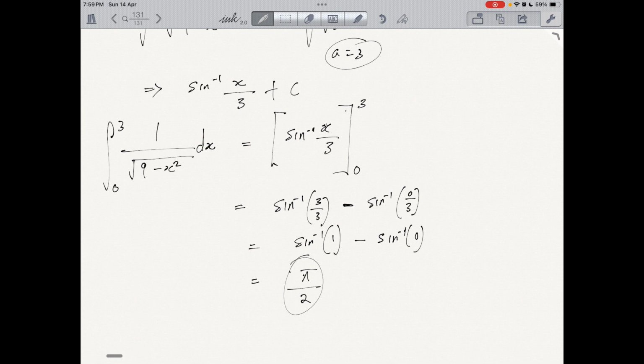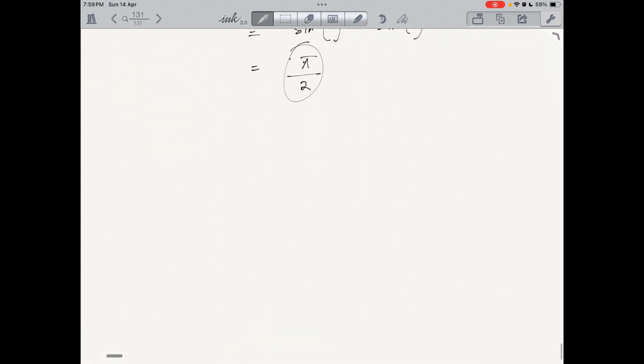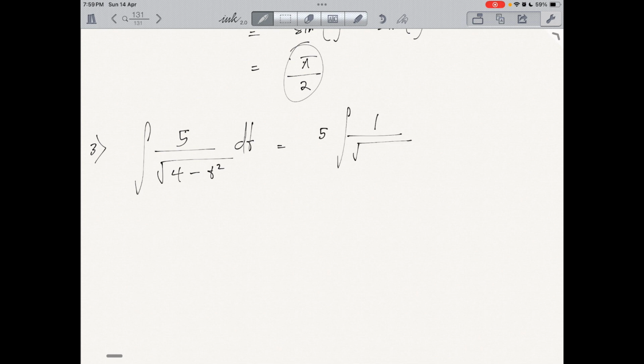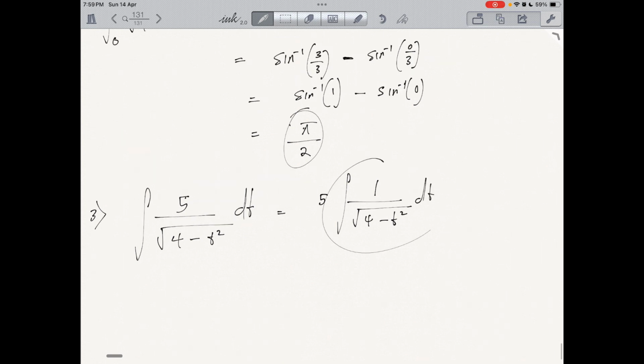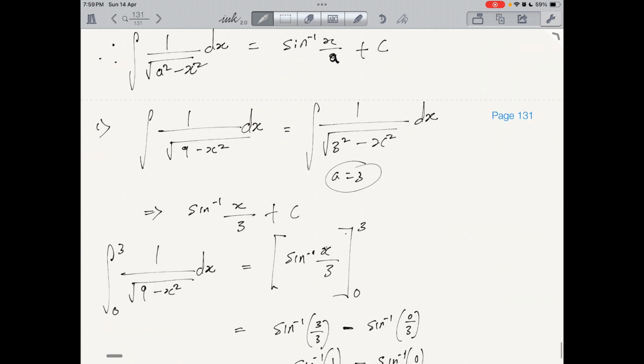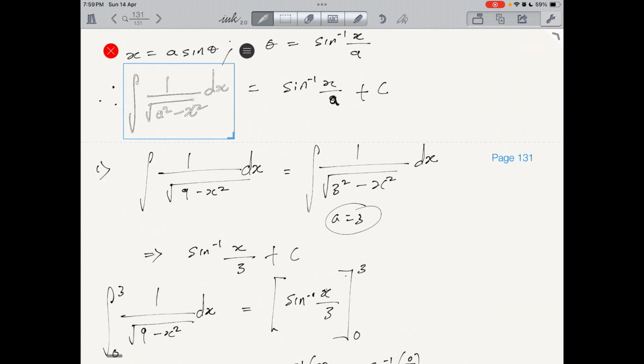Let's take another example. We're given to determine the integral of 5 divided by square root of 4 minus t squared dt. Now this can be written again as 5, being a constant, times the integral of 1 over square root of 4 minus t squared dt. Now we can see that this form here is related to the form that we are dealing with, that is 1 over square root of a squared minus x squared.